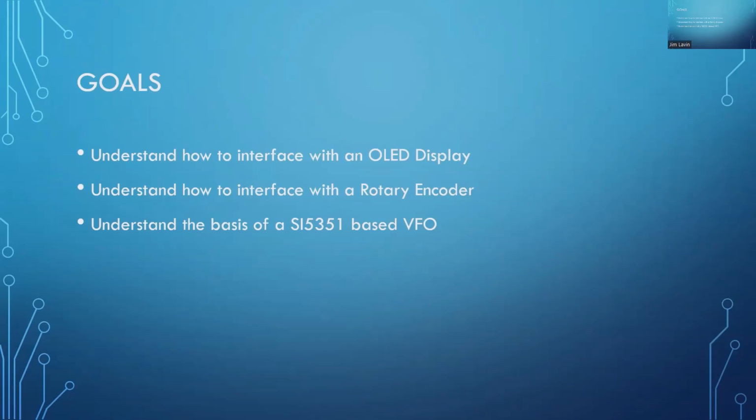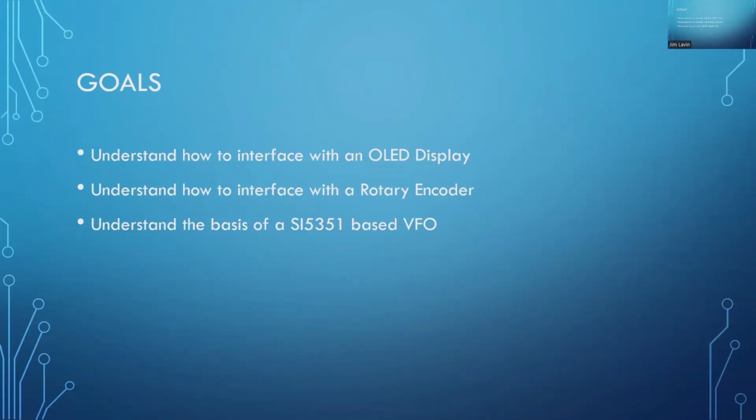If you look at the examples and the reference that I have in the slide deck, on Random Nerd Tutorials they show how to do graphics and give you the hello world to graphics.